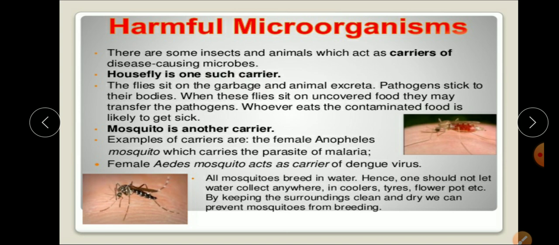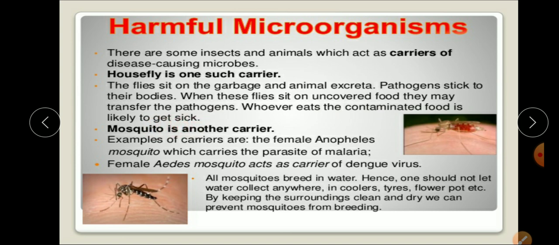The flies sit on the garbage and animal excreta. The pathogens stick to their bodies. When these flies sit on uncovered food, they may transfer the pathogens. Whoever eats the contaminated food is likely to get sick, isn't it?